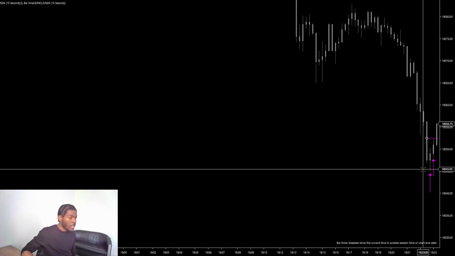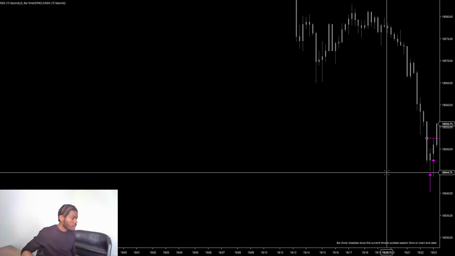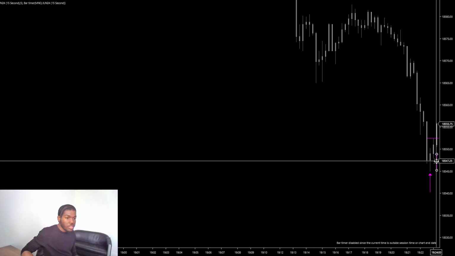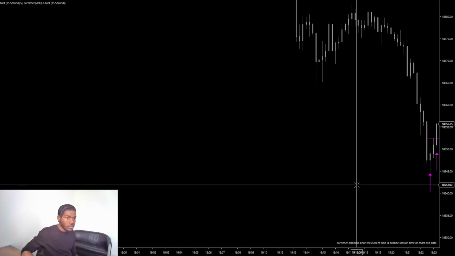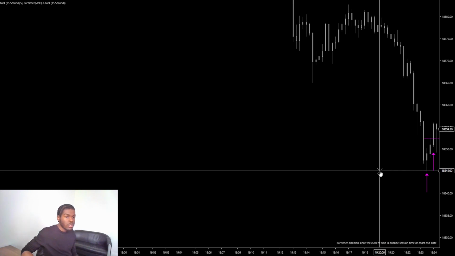The previous up candle's high. So what did I say? The last up candle is valid when the next candle moves above the previous up candle's high. So this becomes the last up candle.